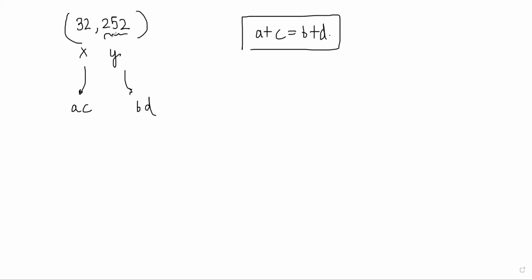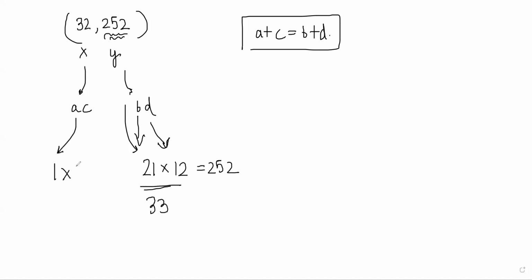Of all the factors of this, you will realize that 21 times 12 is 252. So B and D could be 12 and 21. The sum is 33. And here you could do 1 into 32, where the sum is also 33. Is everyone understanding what I'm saying?